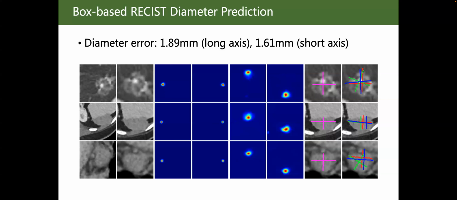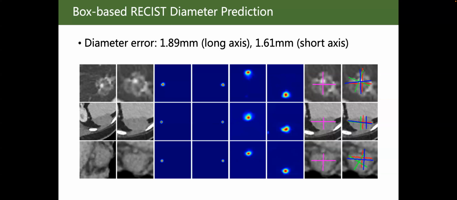We can see that the lesions are at the center of the image, and their long axes are almost horizontal. The third to sixth columns show the predicted heat maps of the 4 endpoints. The locations of their maximums are considered the locations of the endpoints. The last two columns show the predicted RECIST diameters and the manual annotations respectively.